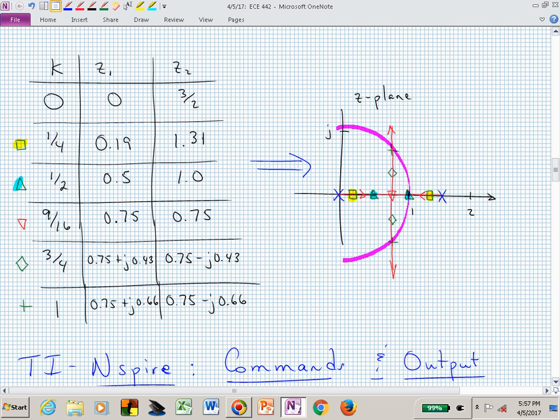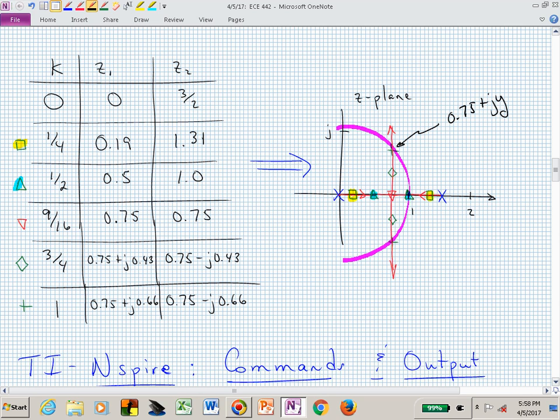But you could find that, you know the real part is 0.75 because that's where they're breaking away. Maybe you don't know the y value, but you could say, oh, I know it's at 0.75 plus j y.